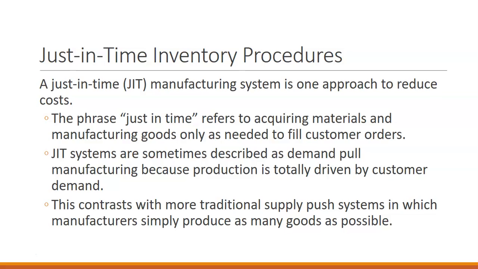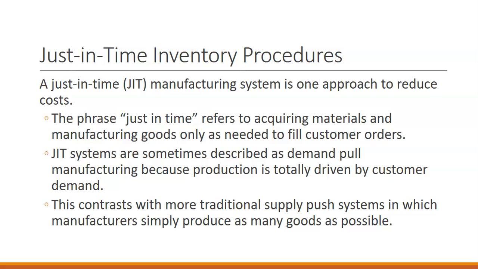Under just-in-time manufacturing systems, we don't finish manufacturing items until it is needed to fill a customer order. So we develop manufacturing processes that can create things very quickly so that we can still get to the customer in time.